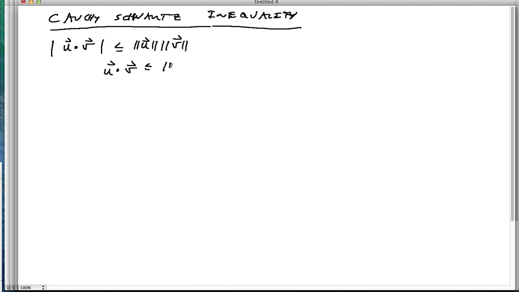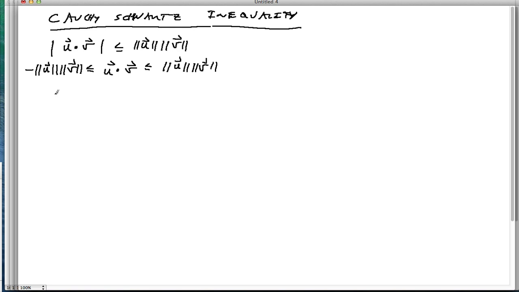And we'll say that this is, now of course lengths are always positive. And then we have the same thing on this side, the negative version of it. Okay. So now we've been able to bracket our dot product between the positive product of the vector lengths and the negative product of the vector lengths.